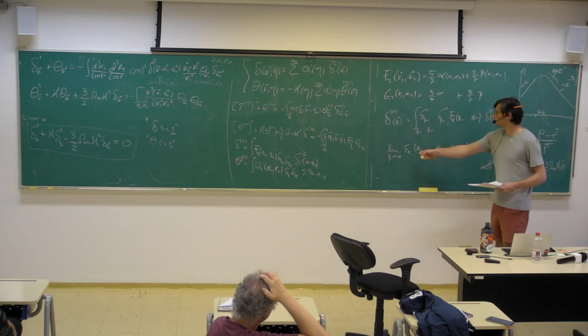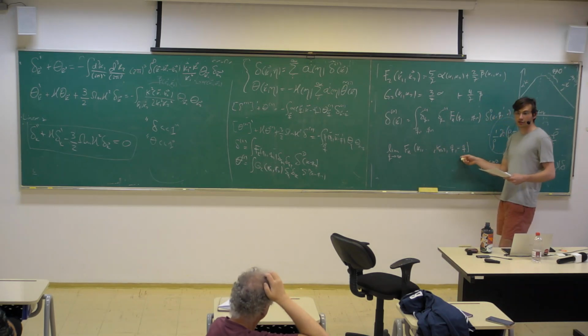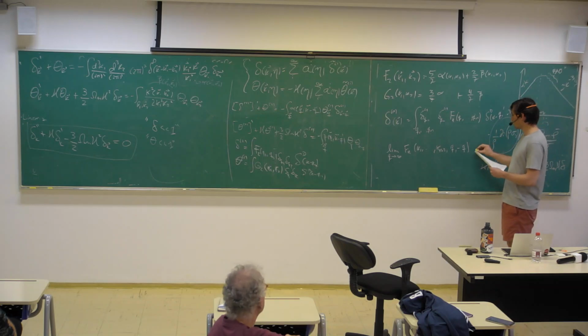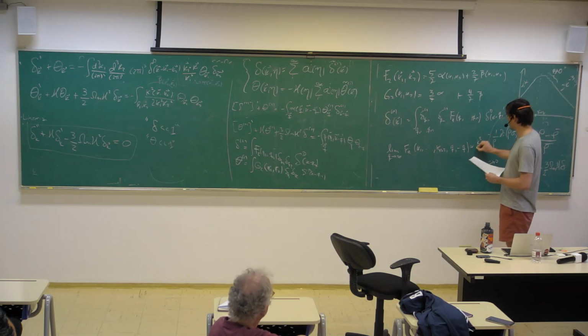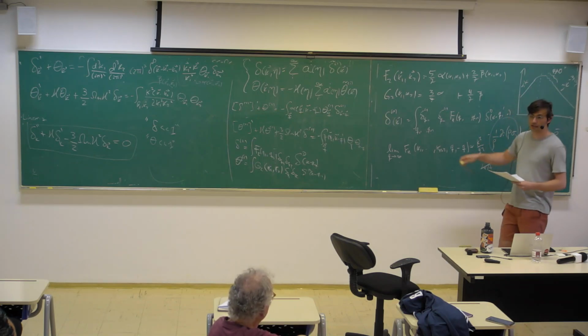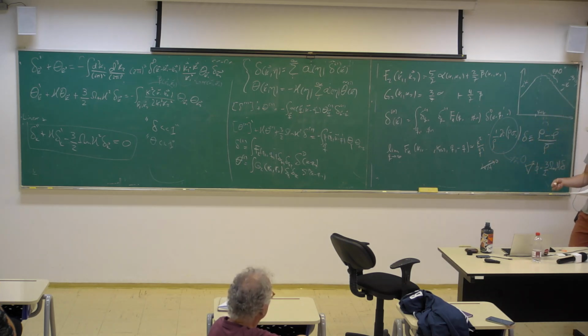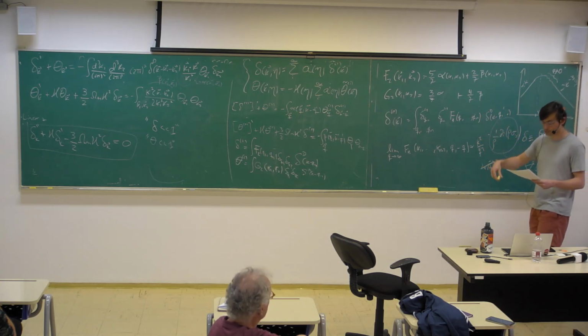You take all of your n modes except for the last two, and then you make them very hard. This always goes as k squared over q squared, where k is the sum of all momenta. So when you're trying to understand the structure of divergences in the theory, this result is very helpful, which we'll do in a second.